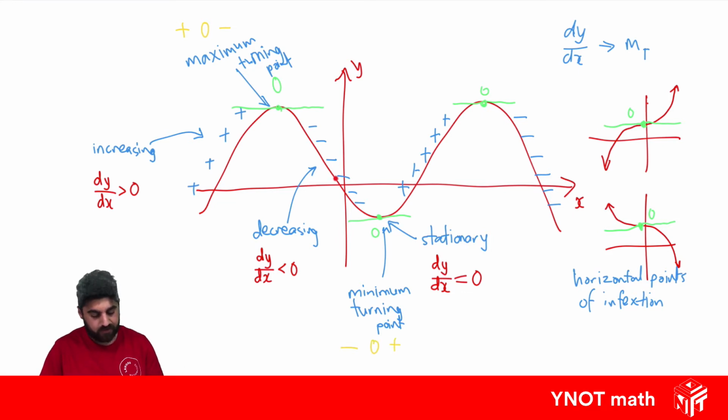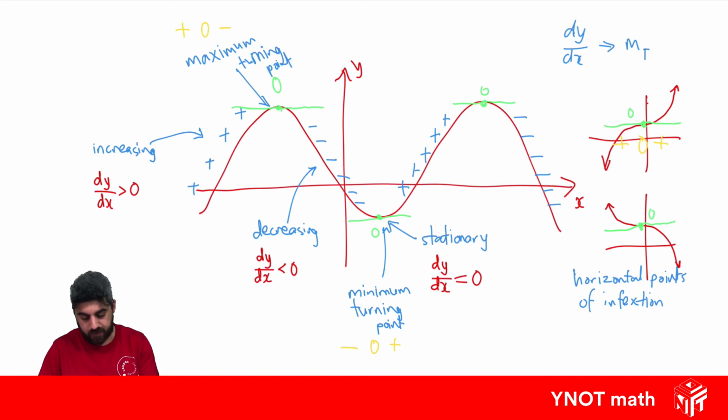And our horizontal points of inflection: this one up here goes from positive to zero to positive, and this one goes from a negative gradient to a zero gradient to a negative gradient.